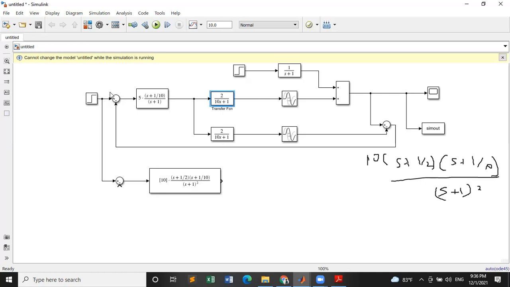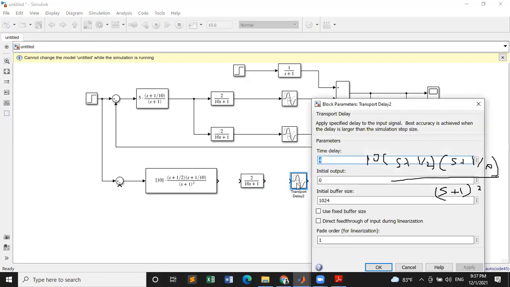Keep the block diagram in front of you so it's easier for you to do it. Let's do s plus 1 here, then the same transport delay with the order set to 1.